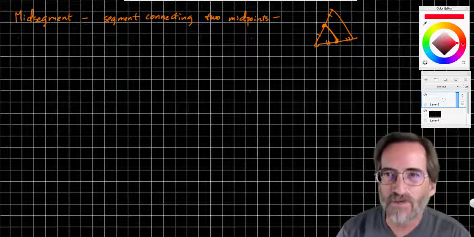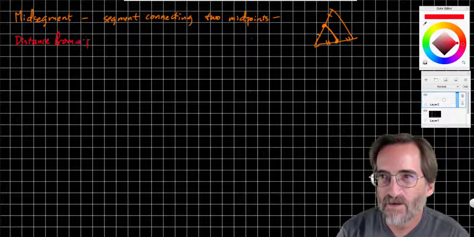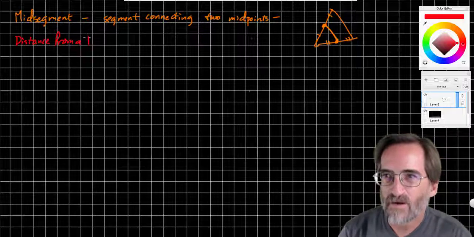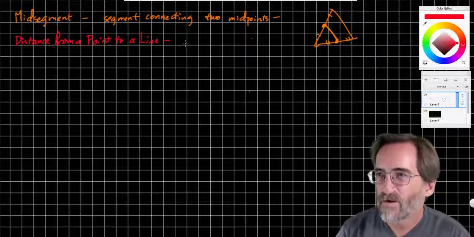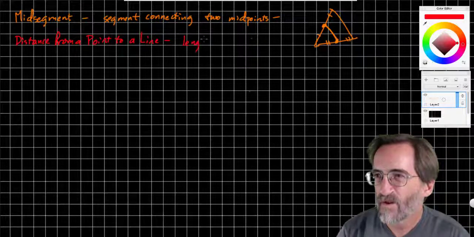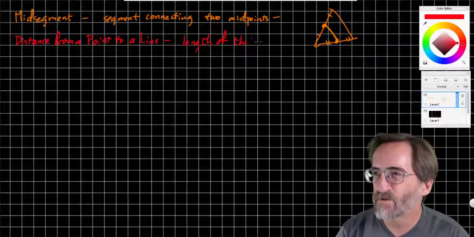Distance from a point to a line. It's the length of the segment, or I should say the length of the perpendicular segment.